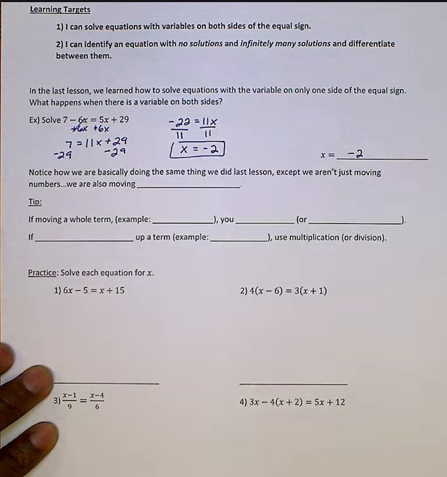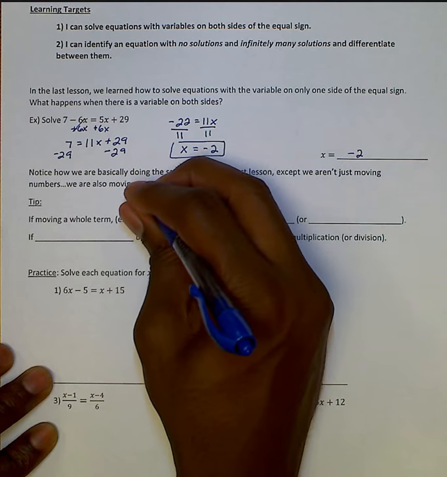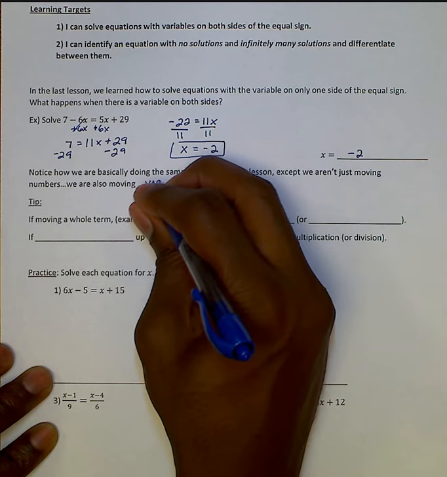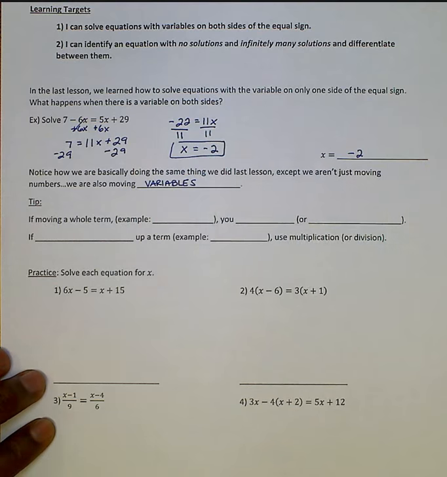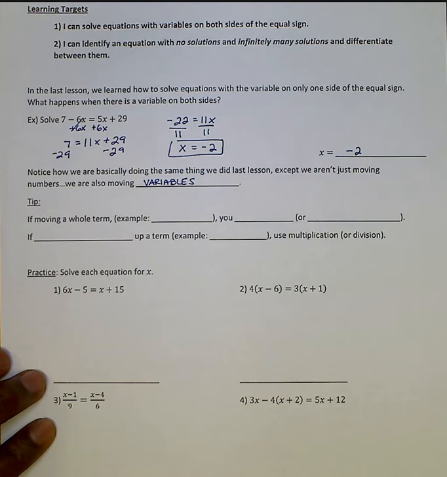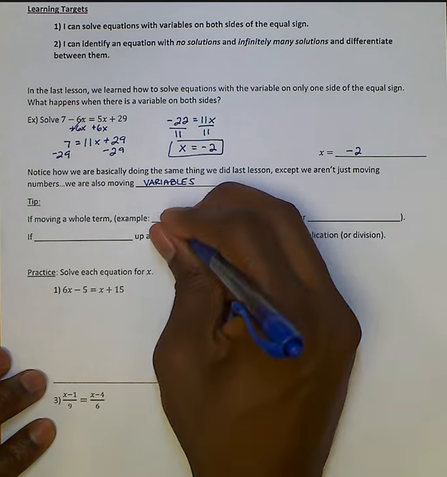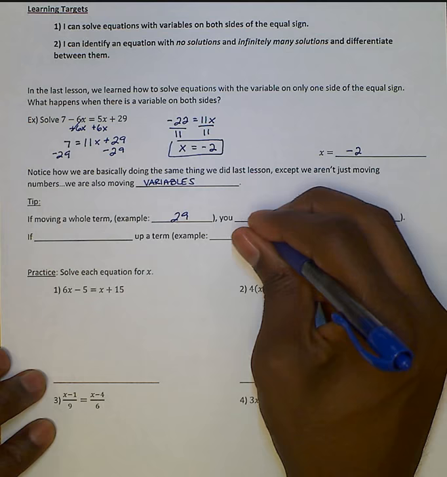Notice how we are basically doing the same thing we did last lesson, except we aren't just moving numbers, we are also moving variables. So here's a tip. If moving a whole term, like we did here with moving 29, you subtract or add.